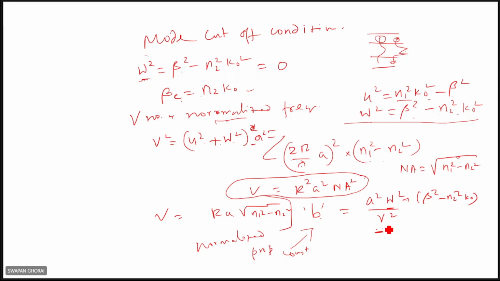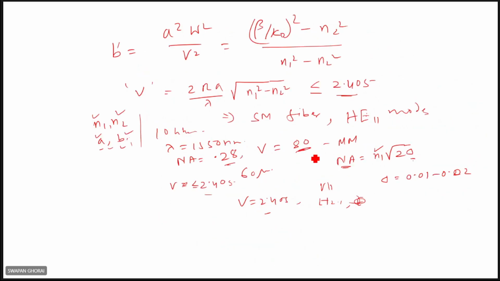And V equals k0 a times numerical aperture. If you substitute the value of V and the value of W, then after rearranging you get B equal to beta square by k0 square minus n2 square, divided by n1 square minus n2 square, right? This is also a most important parameter.